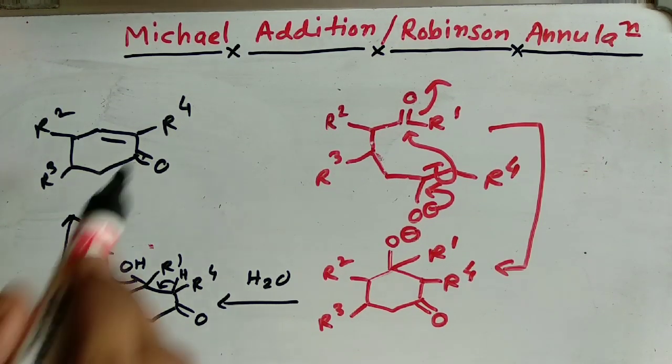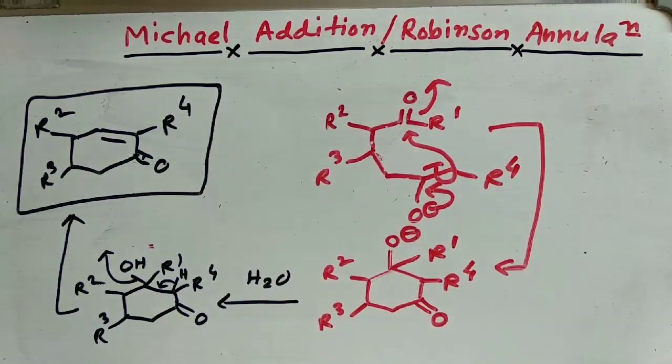So this is the Michael addition, or a modified Michael addition you can say, called Robinson annulation because of the formation of the cyclic ring. It is similar to Michael addition, but this application of Michael addition is called Robinson annulation because of the discovery by the scientist Robinson.